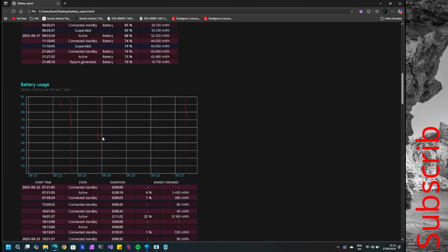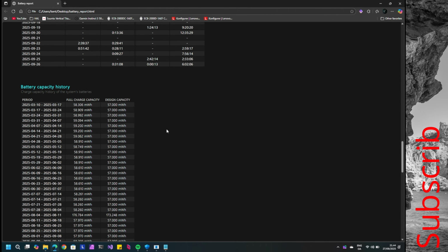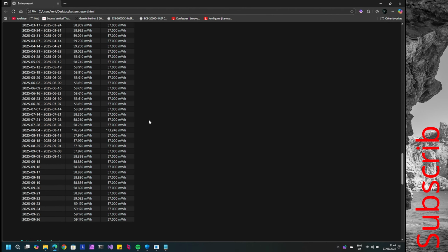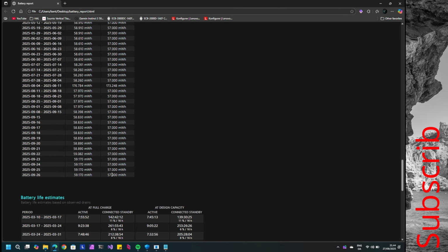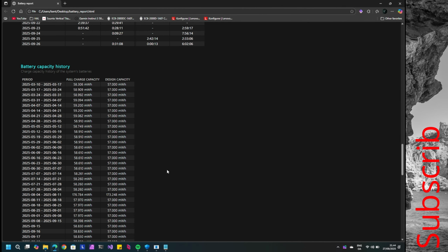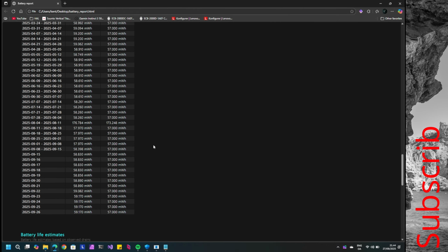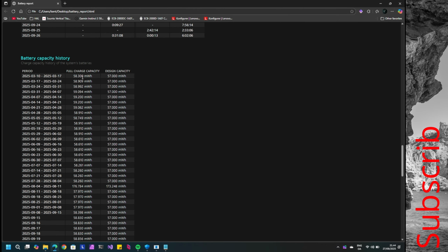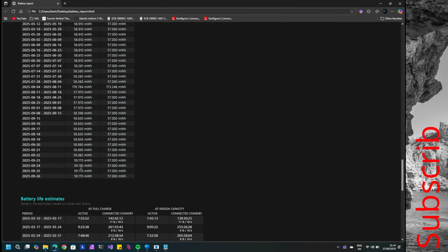It used to have full charge capacity and design capacity. So they go, how much lower is the full charge capacity versus the design capacity? Or they look over the history, where you can see it actually had a higher full charge capacity than the design capacity, and this will go down over time. Mine actually went up a little bit. The battery is a little bit iffy like that.